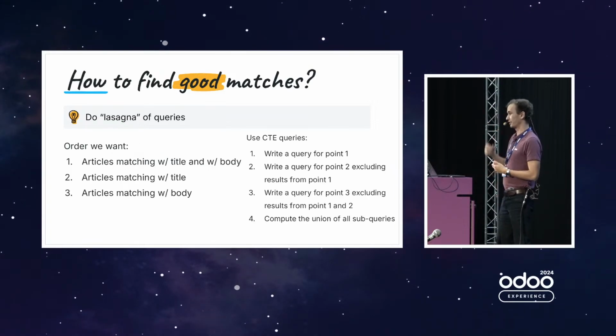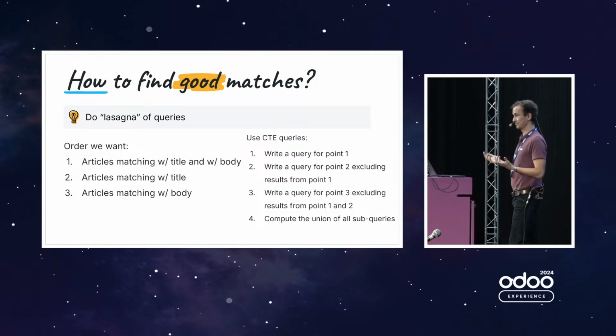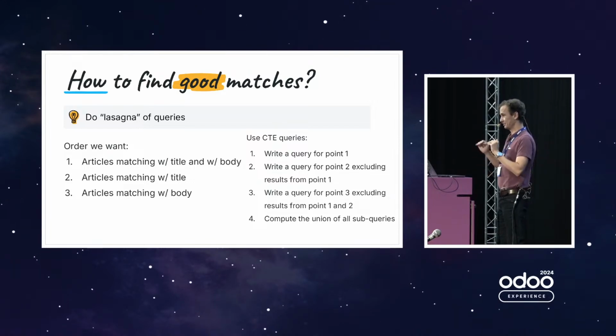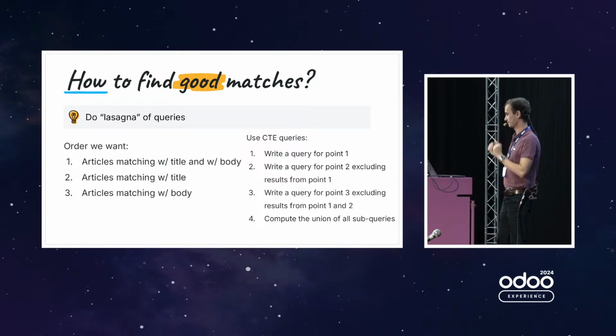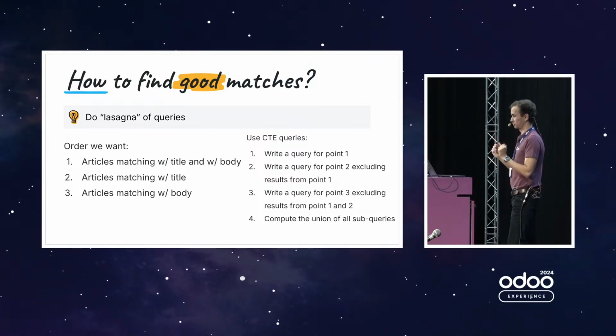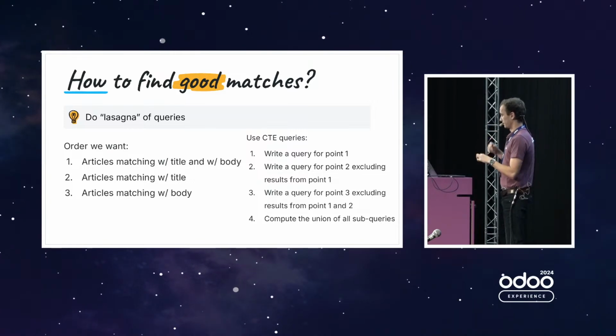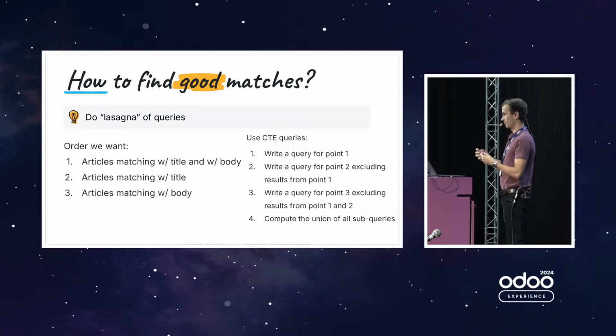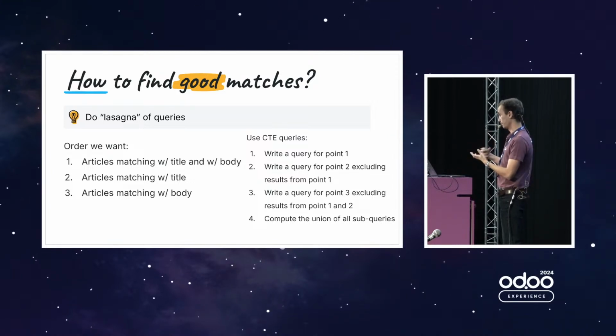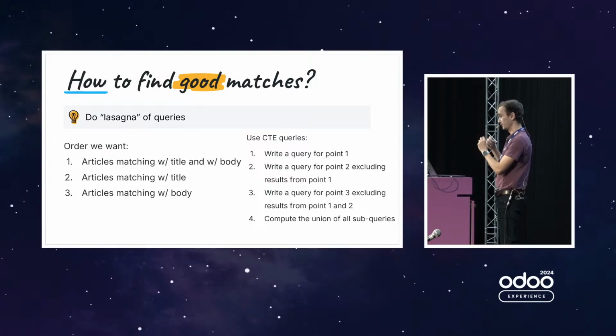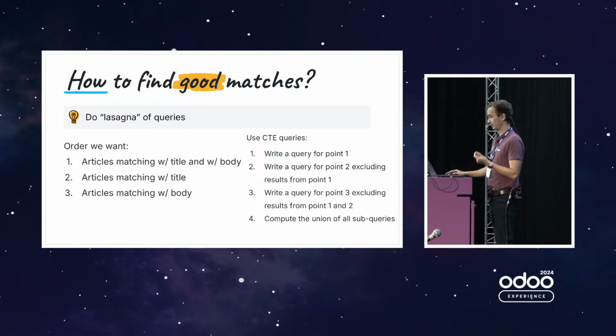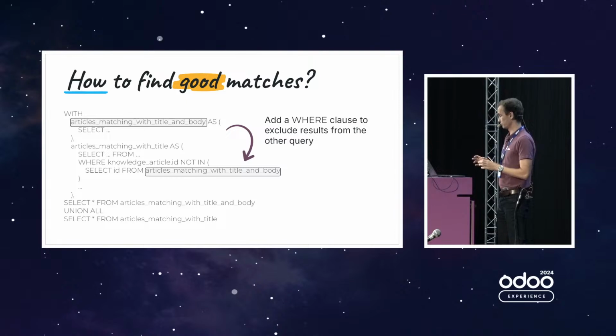The other approach I used is what I call the lasagna of queries. So the idea is to have different layers of queries and use CTE queries to find and fetch articles layer by layer, by excluding results from one layer to the other. Concretely, it looks like this.